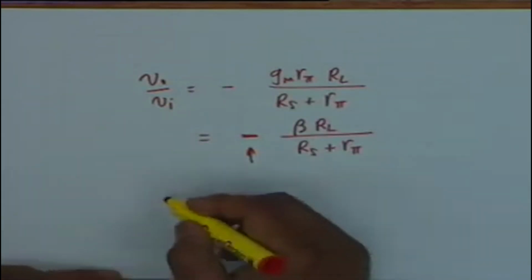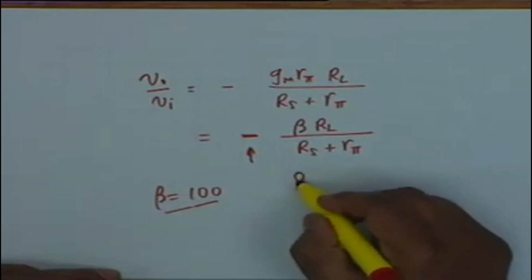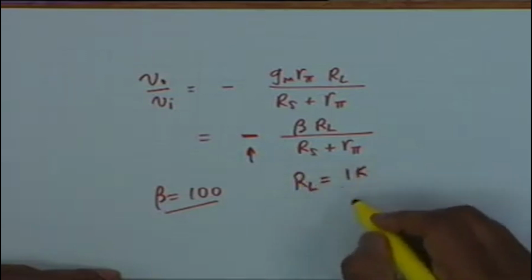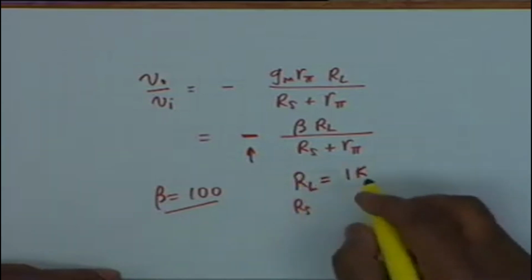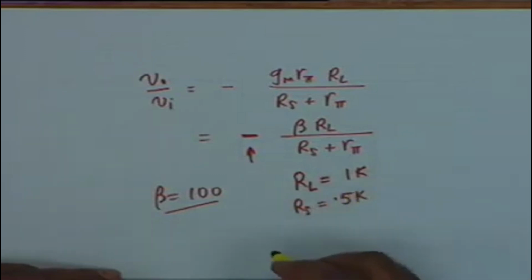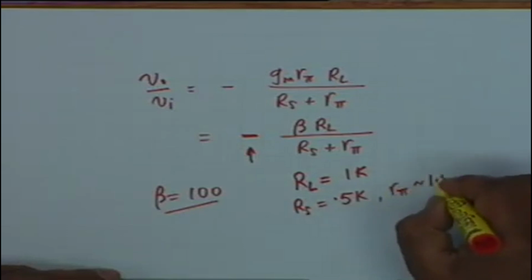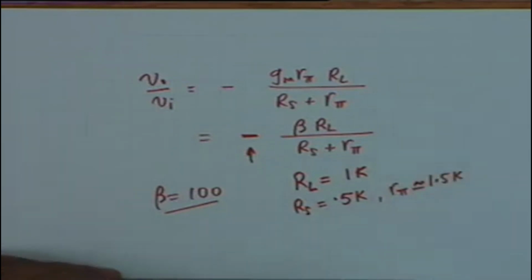Typically, for example, you may have a beta equal to 100, RL can be, let us say, 1K, Rs we would like it to be as small as possible, let us say this is 0.5 K, and R pi may be of the order of, let us say, 1.5 K. All right.